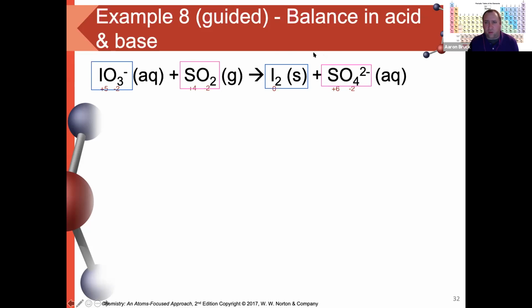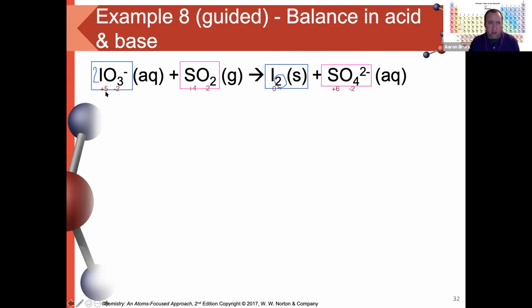One other thing that we should point to as far as the iodine is concerned, notice again that we have 2 iodines in my product, but only 1 here in the reactant. So before we do anything else, let's even that out so that we're working with the same numbers of each species.